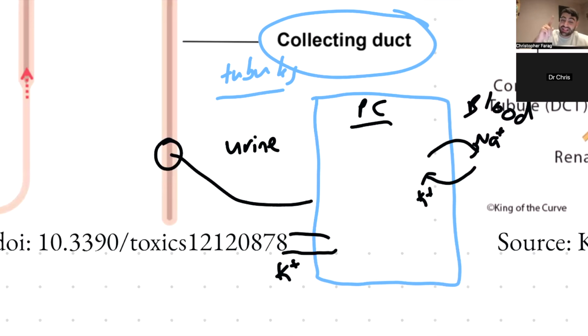Now, importantly, the opposite is also true with sodium. Because sodium is being absorbed into the blood, now there's not much sodium inside the principal cell. So we're going to have an uptake of sodium moving in this way through the sodium channel. Why is this important?